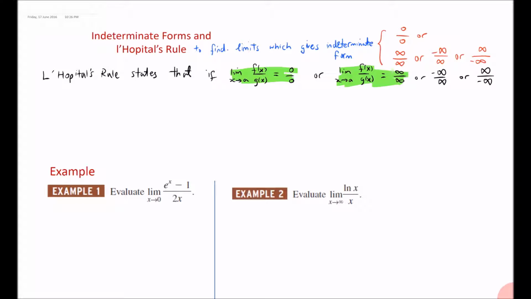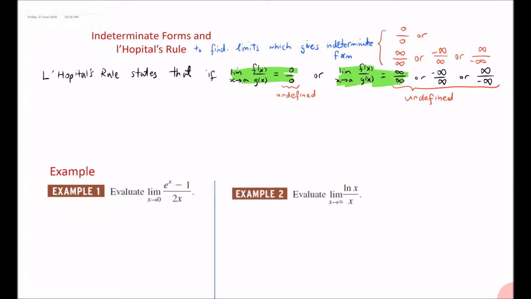Why? Because an indeterminate form means undefined. Similarly, all these are undefined. That means we still cannot decide the value of the limit. It could be a value, or it could be infinity.